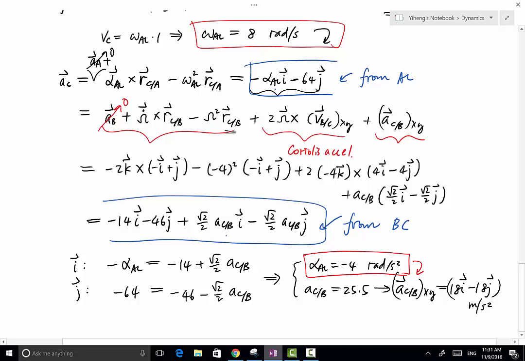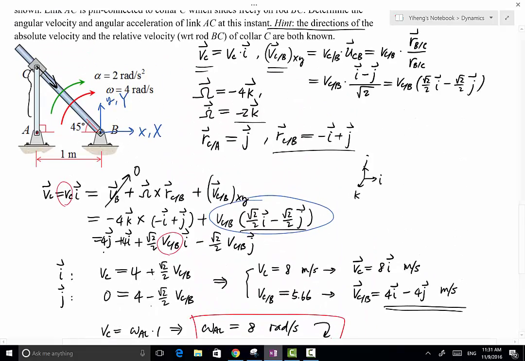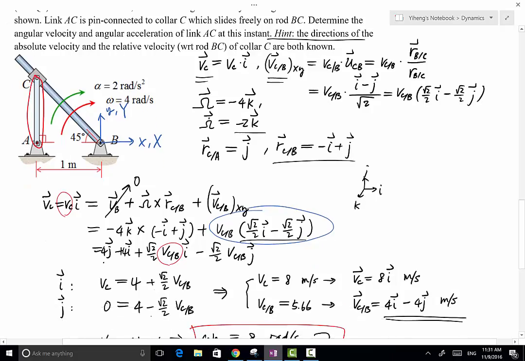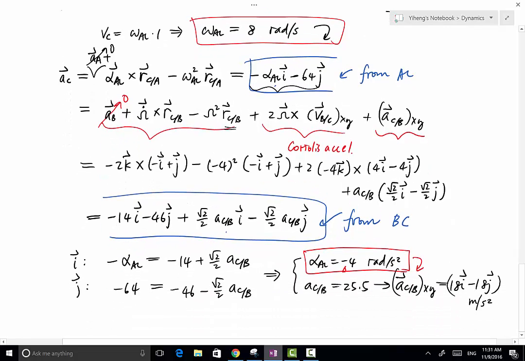For alpha_AC, we determined the direction, this negative sign, mathematically. Either way, both of them are clockwise, and that's the angular velocity and angular acceleration of rod AC.